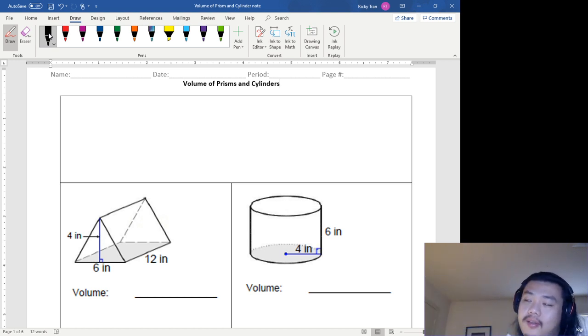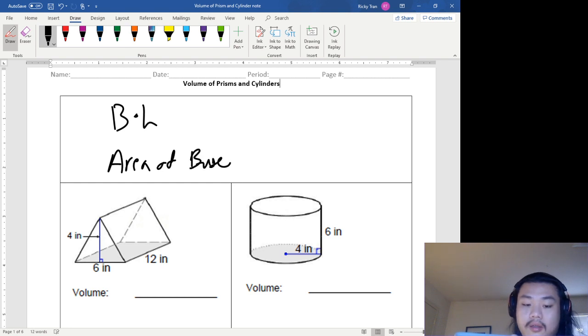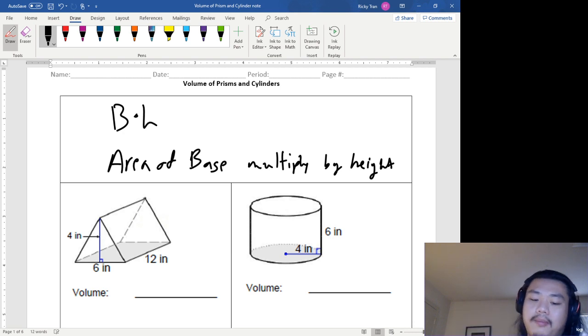So it's just B times H, or area of base multiplied by height. And what that means is you're basically determining what kind of prism it is.